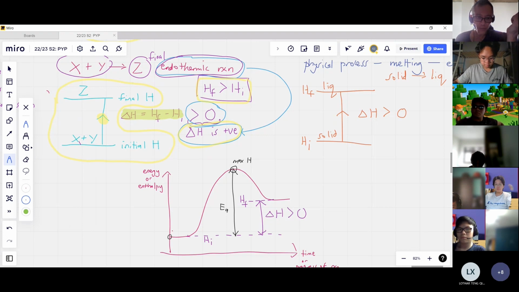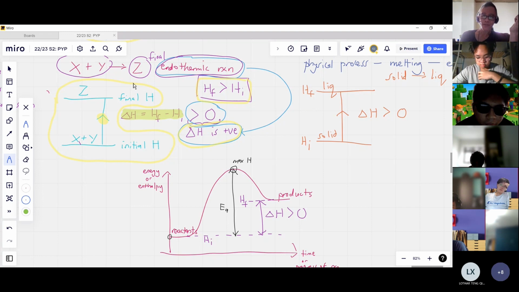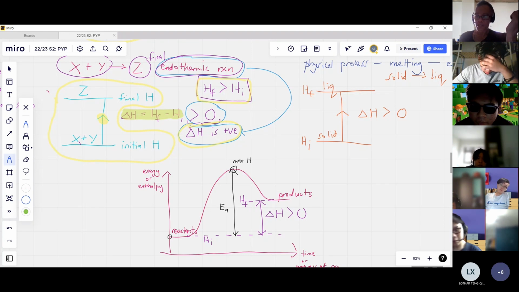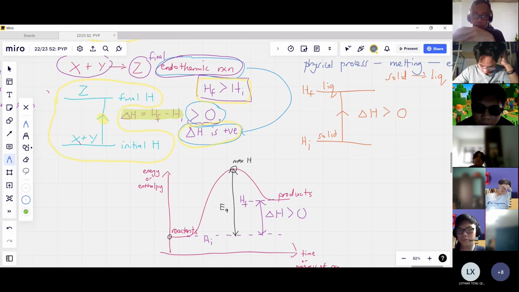In other words, reactants should be here. Then on the ending horizontal line, product should be there. Okay, so this will give you your full marks for the energy level diagram pertaining to a chemical reaction.